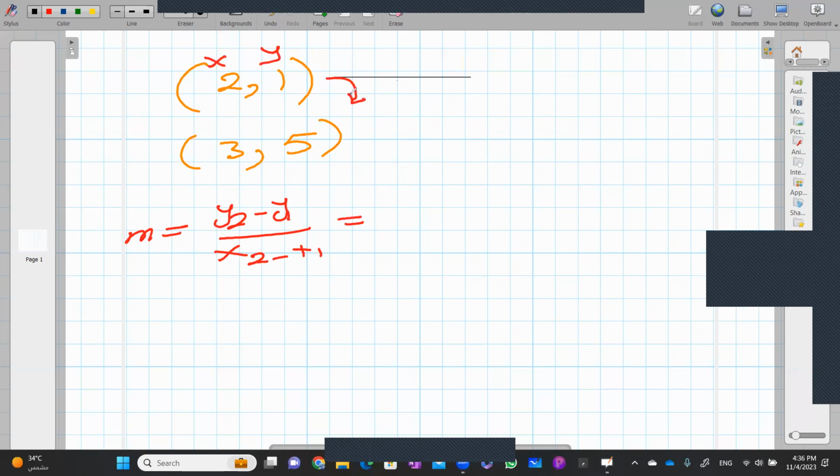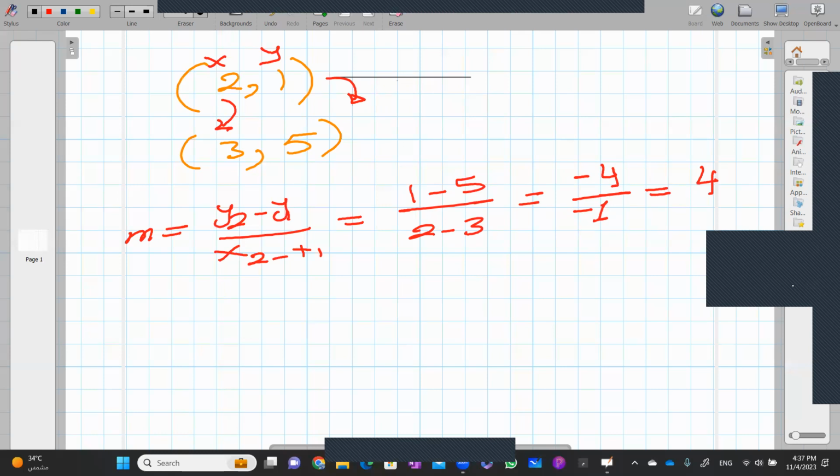Then 1 minus 5 equals negative 4. 2 minus 3 equals negative 1. Negative divided by negative is positive. 4 divided by 1 is 4.